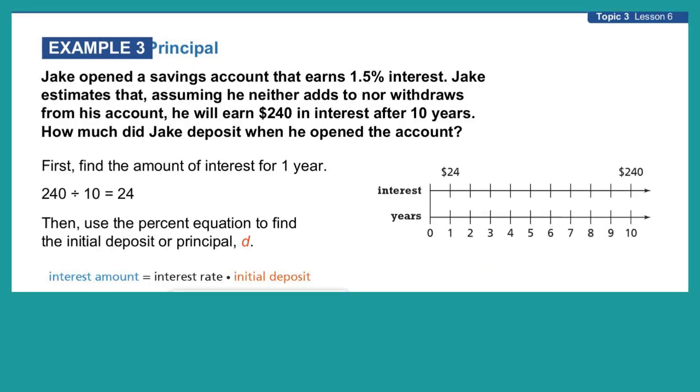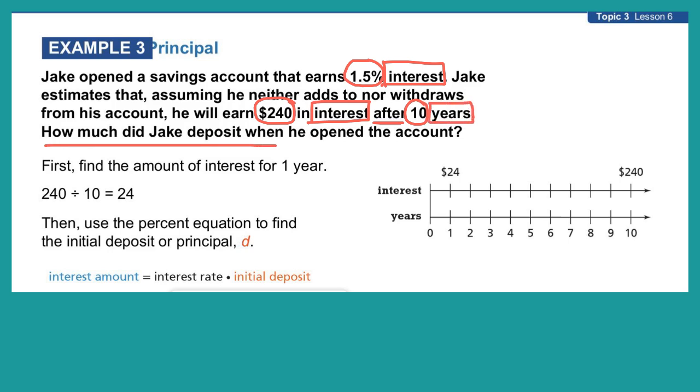This is example number 3 on page 181, about halfway down the page. Jake opened a savings account that earns 1.5% interest. Jake estimates that, assuming he neither adds to nor withdraws from his account, he will earn $240 in interest after 10 years.